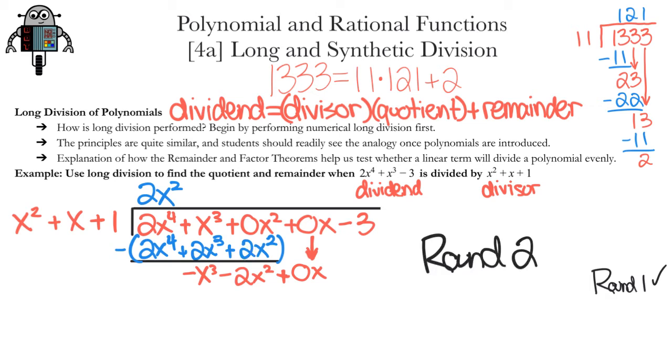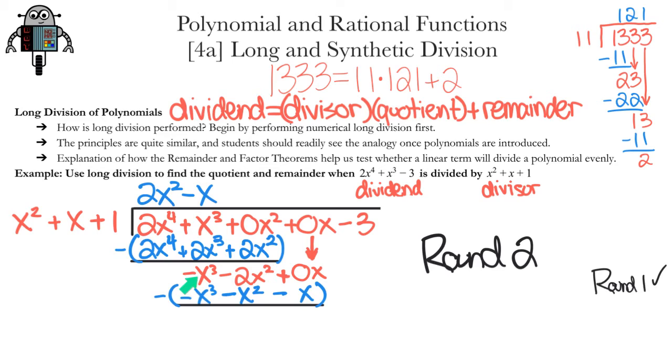Okay, round 2. What do we have to multiply x squared by to get to negative x cubed? Negative x. Multiplying negative x by the divisor, we get negative x cubed minus x squared minus x. And we have to subtract that entire expression.